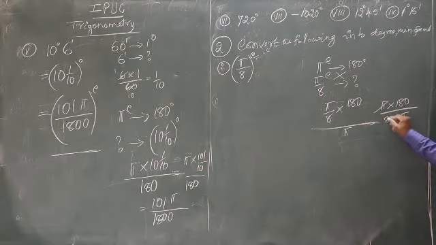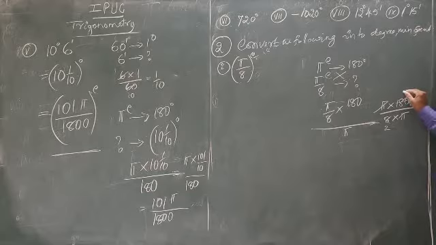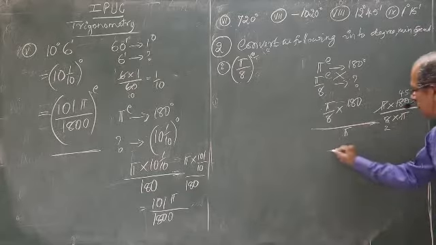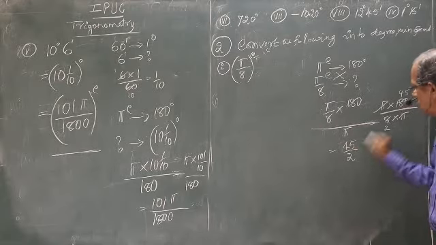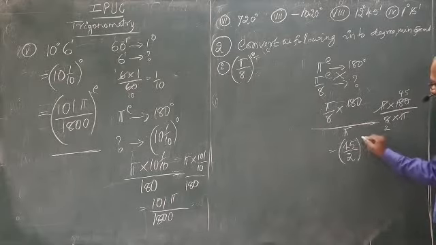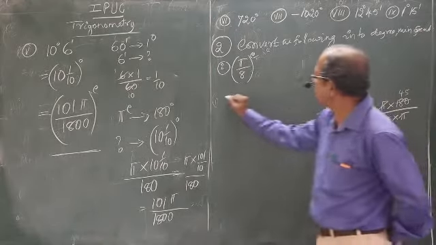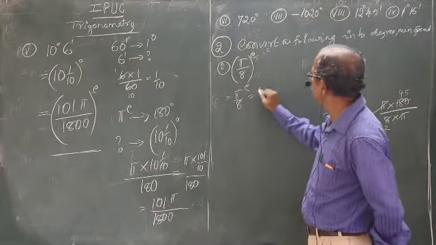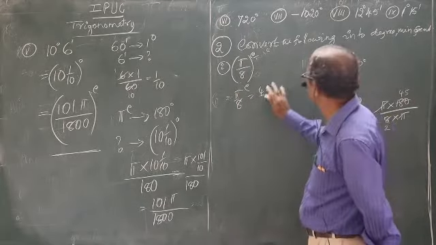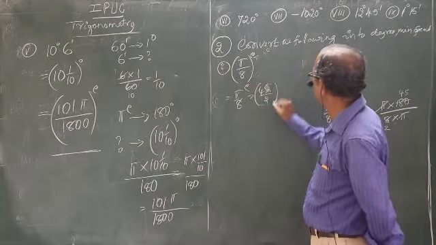Pi cancels. 8, 4 2s are 8, 4. So the answer is pi by 8 radian equal to 45 by 2 degree.